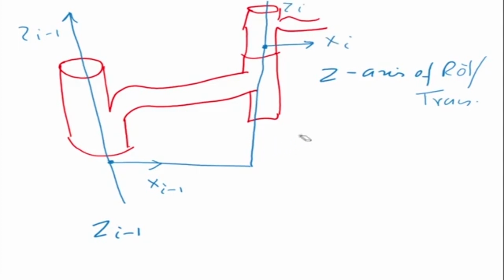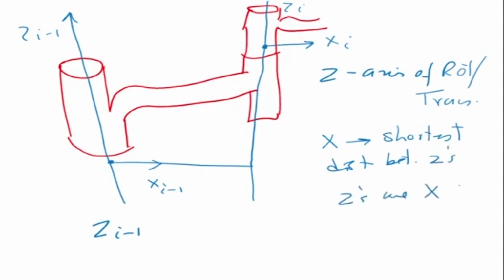So now we have fixed our axes, and the x-axis is the shortest distance between the z's. Now if the z's are intersecting, then it is perpendicular to the plane of the z's. This is something we have seen.